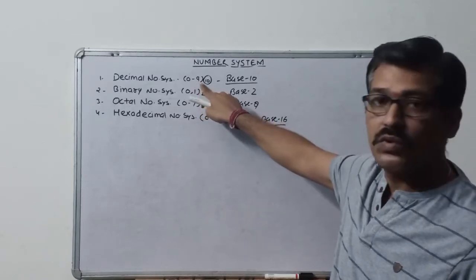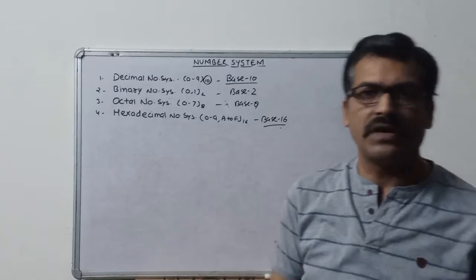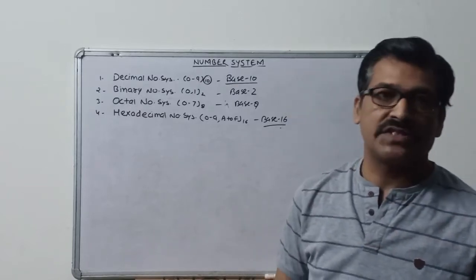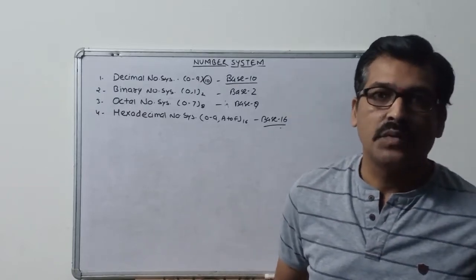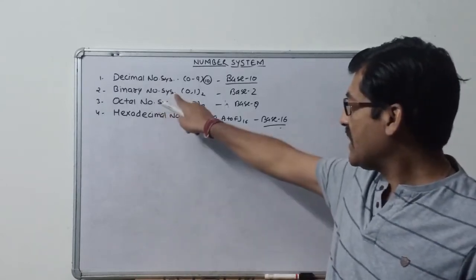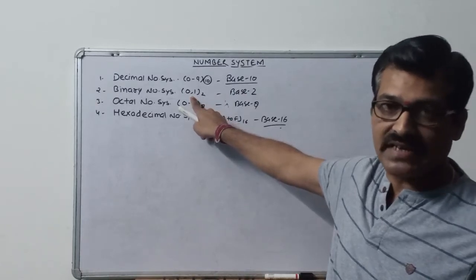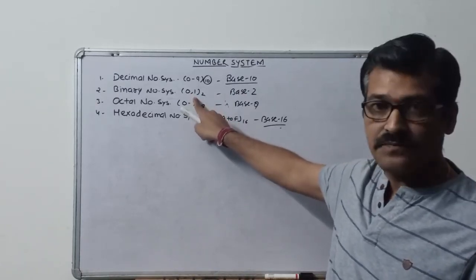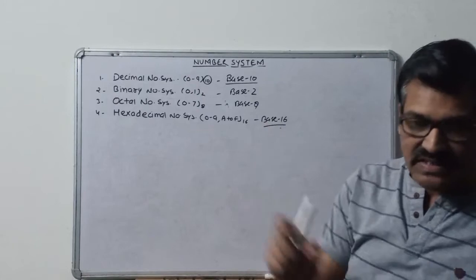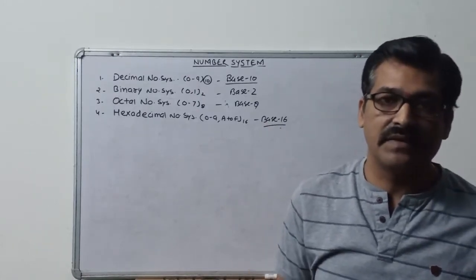Second, binary, which is known by you all, that computer system can understand only 0 and 1, and these are known as binary digits. So binary number system contains only two characters basically, 0 and 1. This is the number system by which the computer can understand each and everything given by the user.